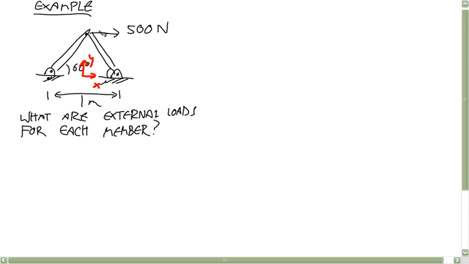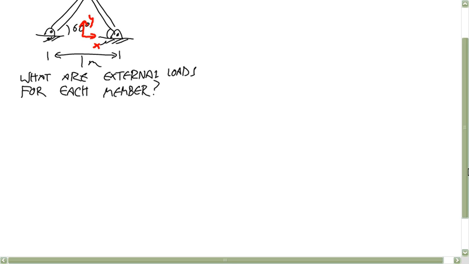If this wasn't a joint, we wouldn't be able to calculate the reactions here and here. You know why that is? Exactly. Yep. It's statically indeterminate because you have two variables here, and you only get three equations. But let's at least start that way. We know we can get three equations, and then let's see where we are.